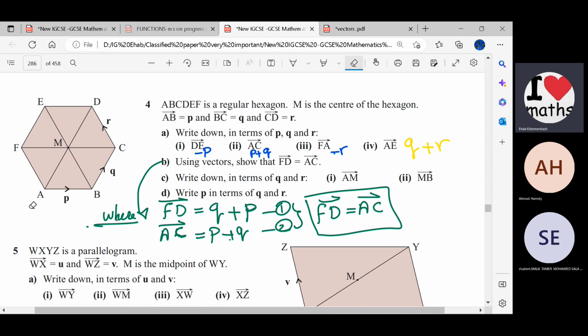Who knows and can tell me what MB is? Negative R. Why negative? Why is it negative? Opposite direction. Did you notice, or what happened? So I have AM, I can write it as Q. What is the MB? The MB here will be negative R. Are we clear?